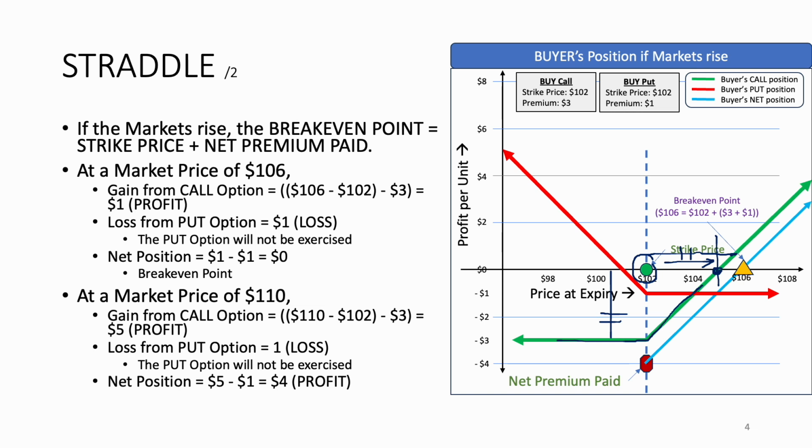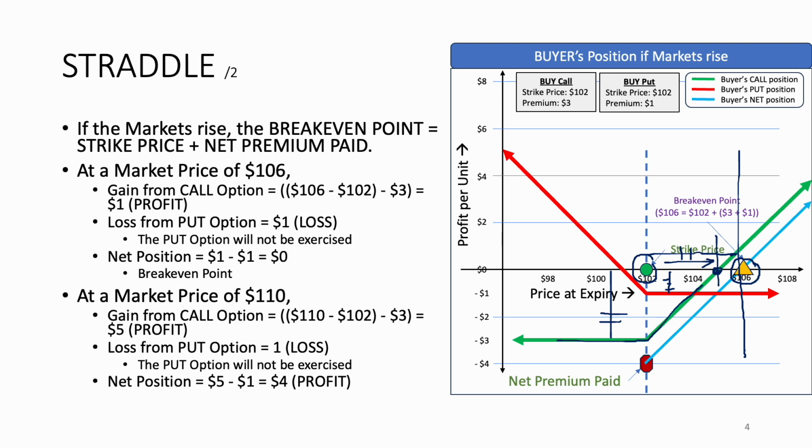However, we have also purchased a put option where we have paid this premium. Now, to cover for this premium, the markets have to rise further so that we will break even. Let us understand this by calculating our position at this point where the market price is $106.